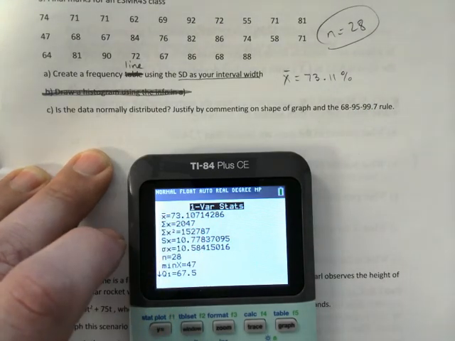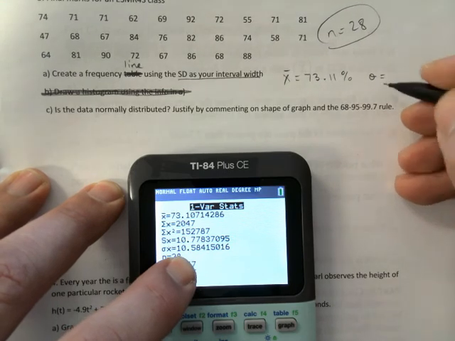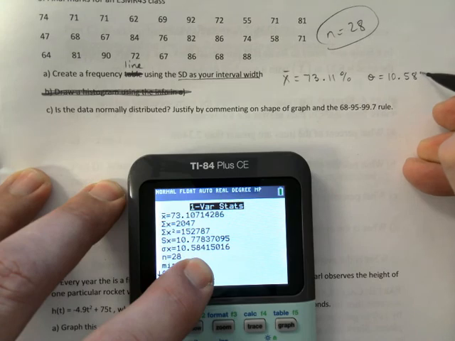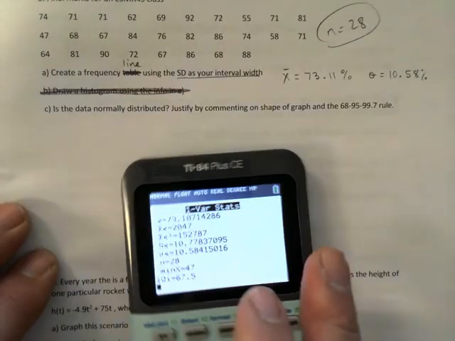Because it's scores. And then we have our standard deviation, which is 10.58%. Okay. So now we have everything we need.